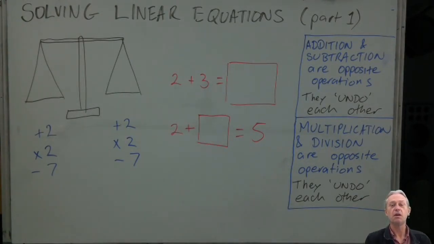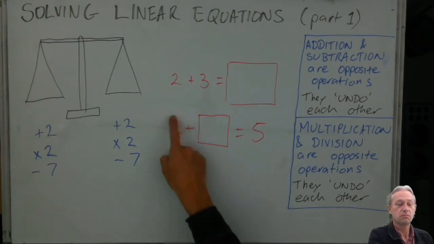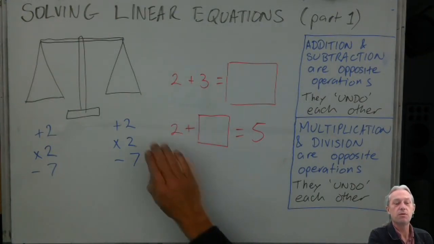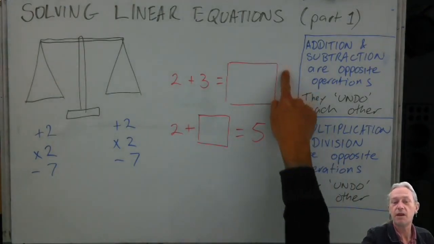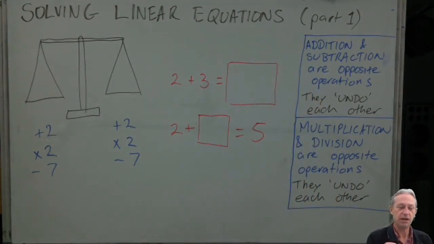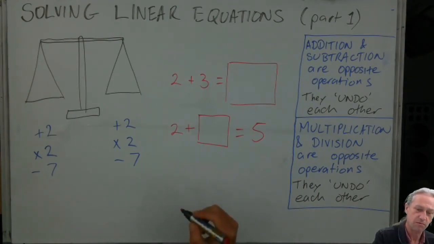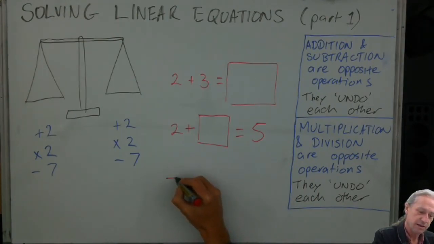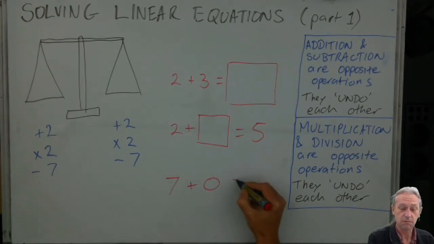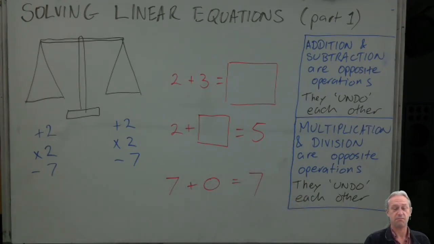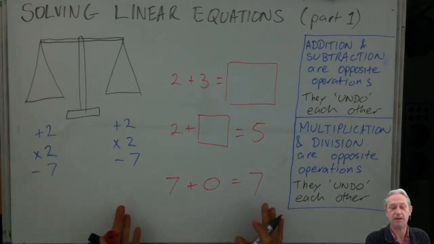So with addition and subtraction, what can we do to the 2 to make it into 0? Because the special thing with addition and subtraction is, let's say 7, when we add 0, it equals the same thing. There's nothing special about that.